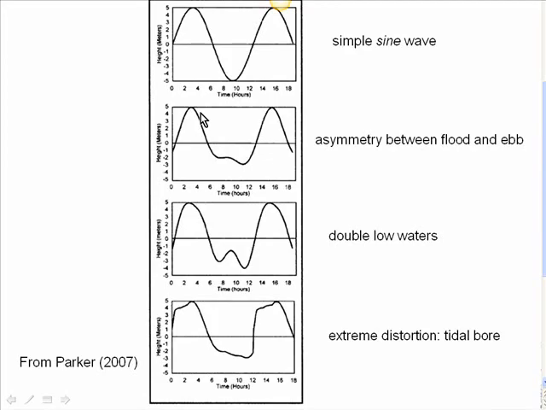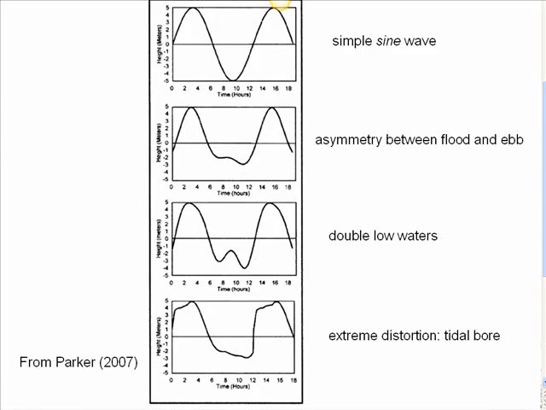today. You can see these asymmetries in which this low tide is much longer than the high tide, and it has sort of double peaks, much more pronounced here, double low waters.